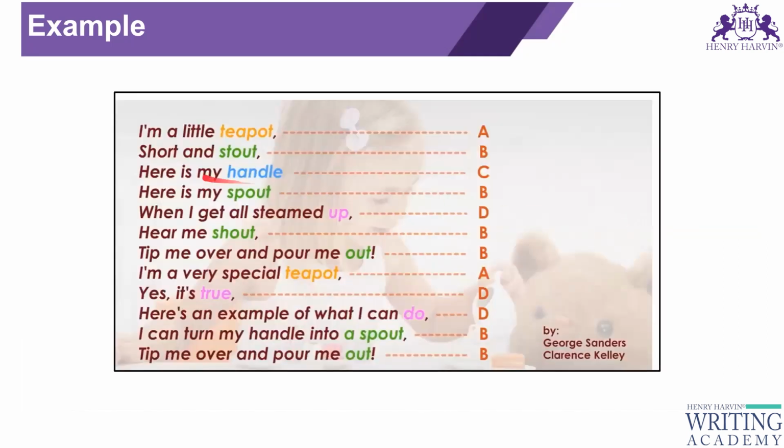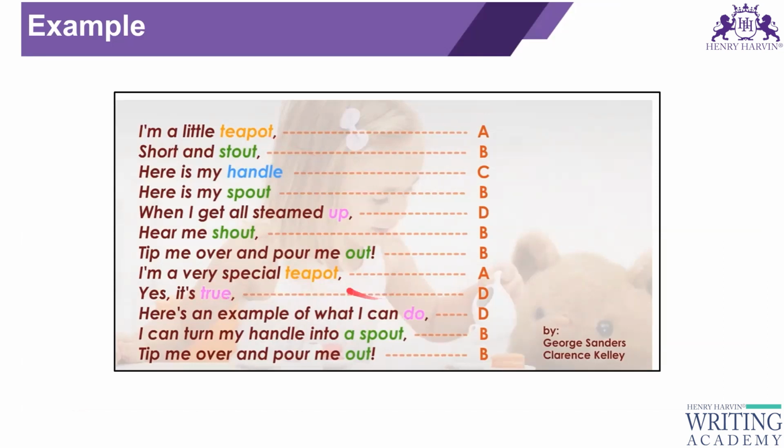Now, I am a little teapot, short and stout. Here is my handle, here is my spout. When I get all steamed up, hear me shout. Tip me over and pour me out. I am a very special teapot. Yes, it's true.